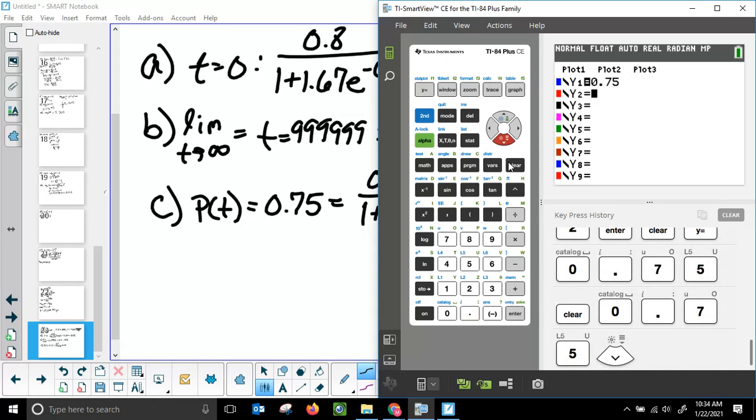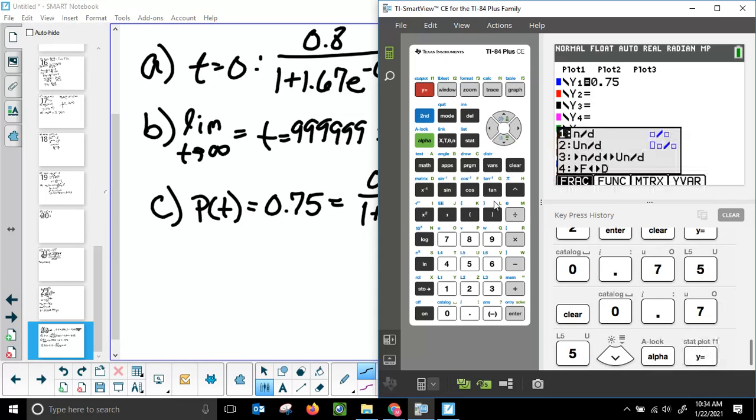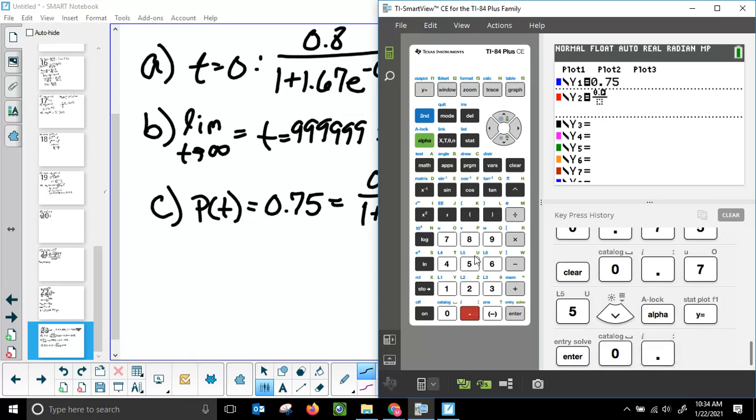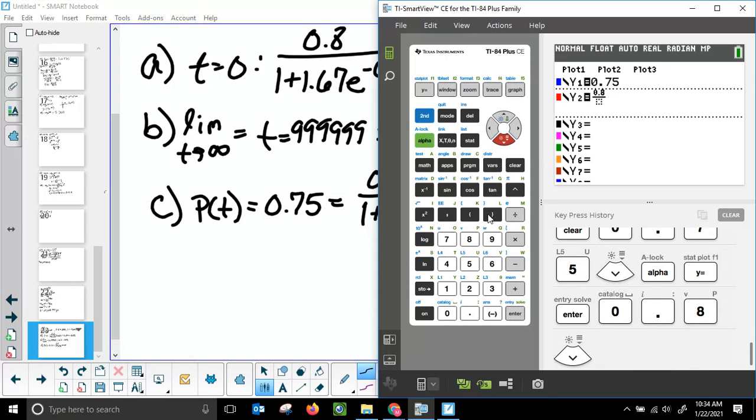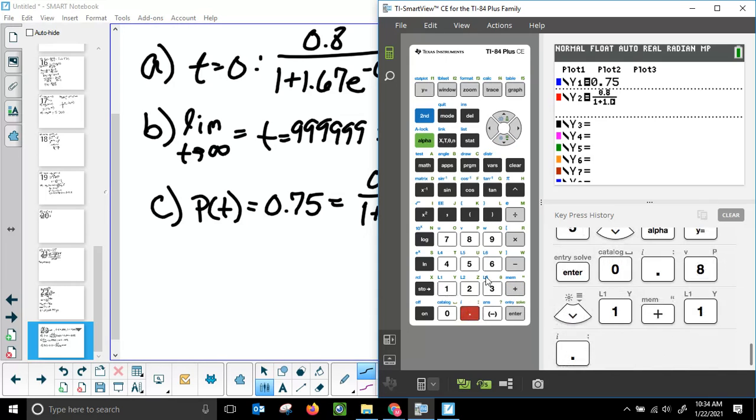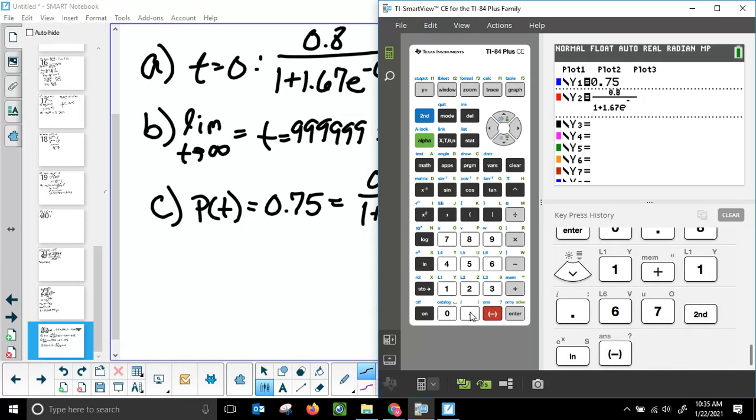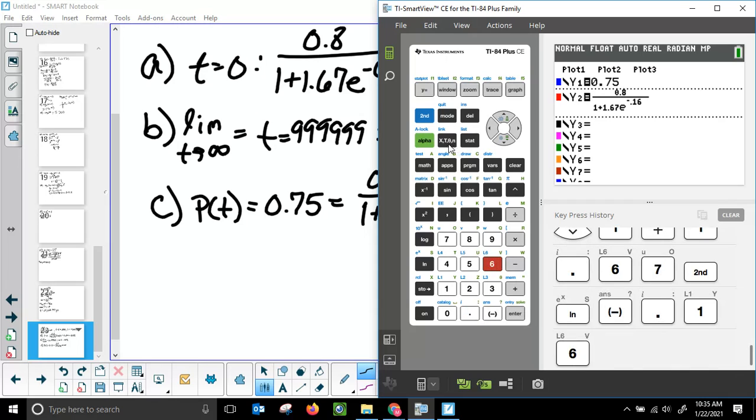All right, and then go here, and that is going to be 0.8 over 1 plus 1.67 times e to the negative 0.16 t, which in this case will be x.